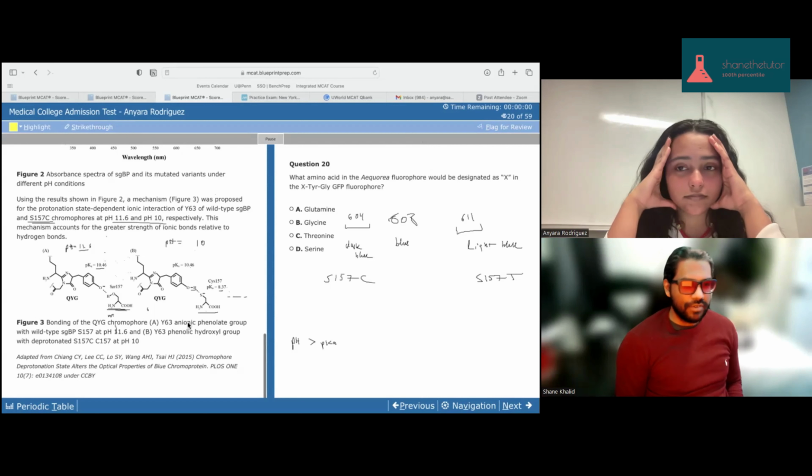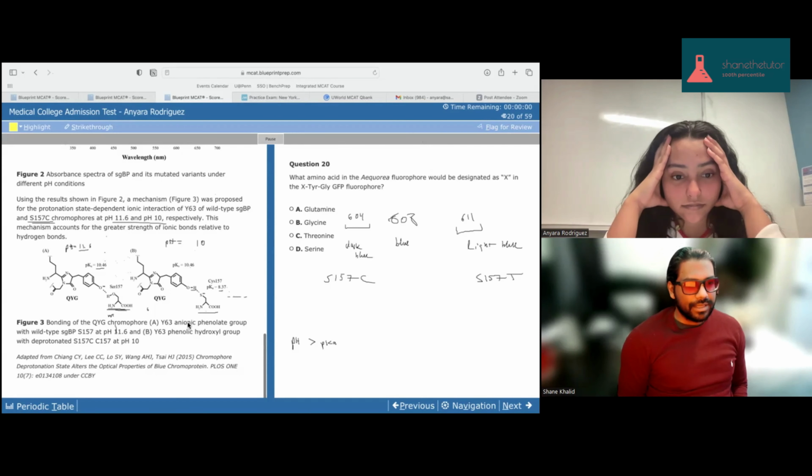So that's kind of annoying, but I think the main thing we want to obtain from this is that the mechanism they're proposing should account for the greater strength of ionic bonds relative to hydrogen bonds.